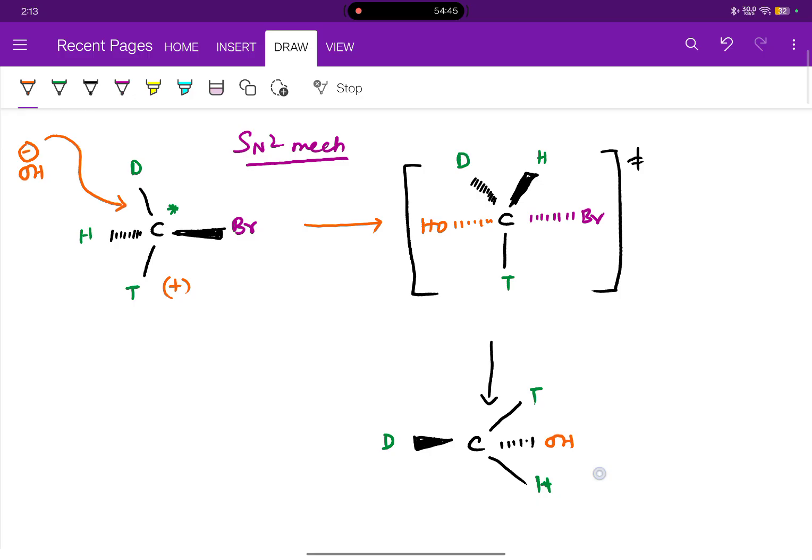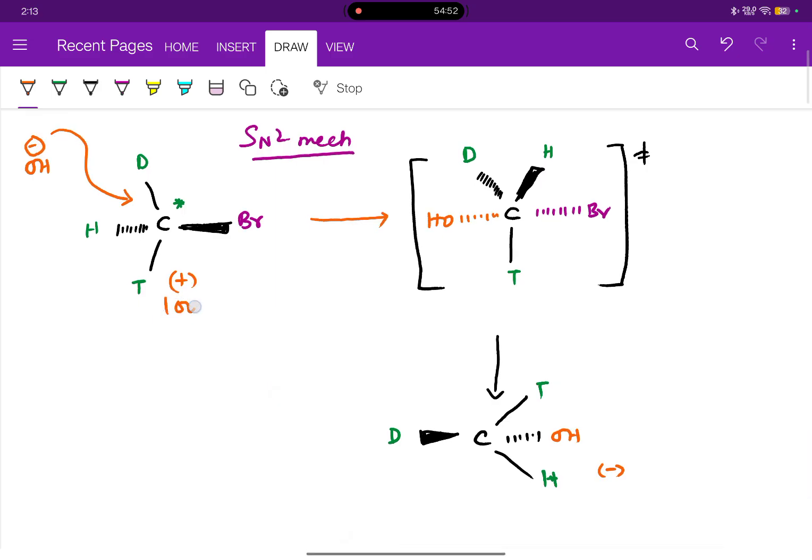Now what would be the nature of this? It would be minus. So 100% plus is becoming 100% minus. Note it down. Such a conversion is called total inversion, also known as Walden's inversion.